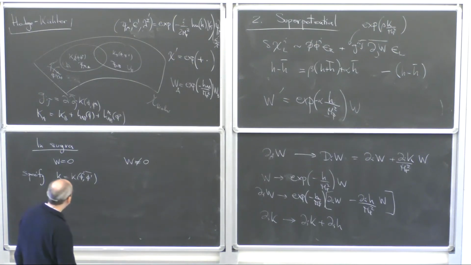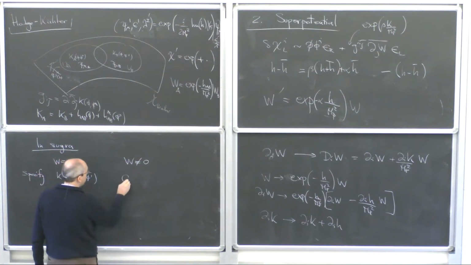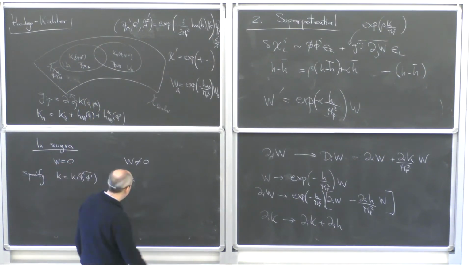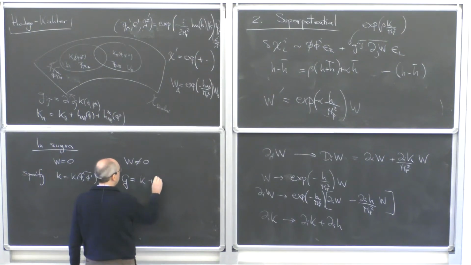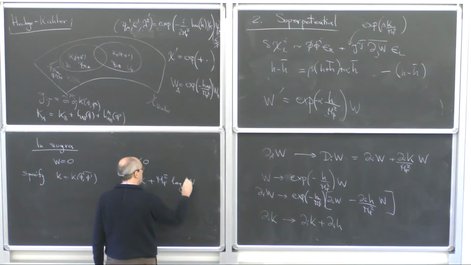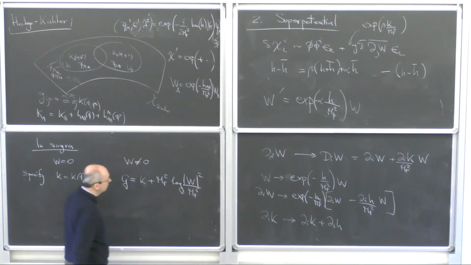If it is non-zero, then you can always define an object, which I call G now, which is the sum of the Kähler potential plus the logarithm of W squared divided by max Planck to the 6. Remember, W has dimension 3, which is invariant under Kähler transformation.